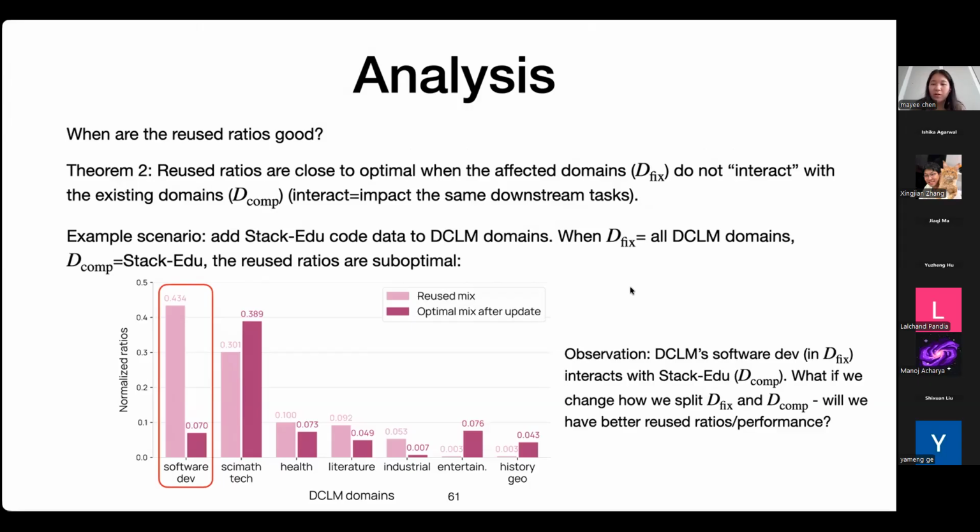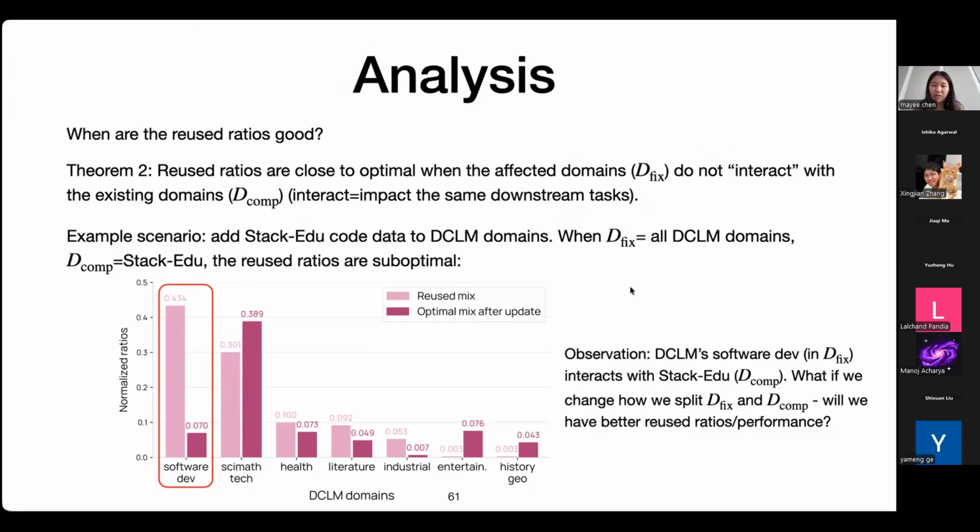And in particular, you can see that the ratio for software development in DCLM is really far off from optimal. And our claim is going to be that this is because the added code data, the added Stack-Edu data, interacts with the software development data. They're basically all impacting the model's coding abilities.